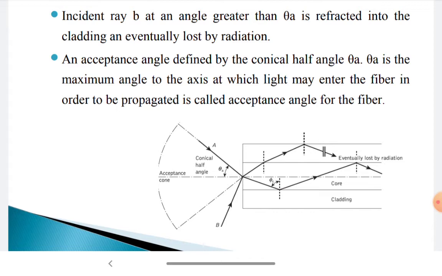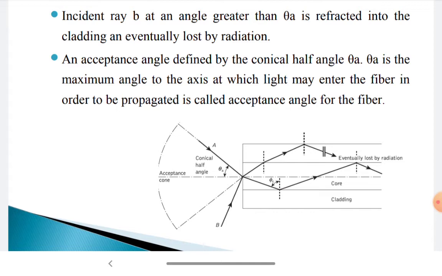Those rays will be reflected back, but due to the weak strength of the optical fiber, the rays going outside the core will vanish. And some rays are with respect to the critical angle.